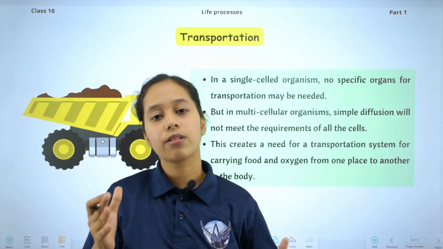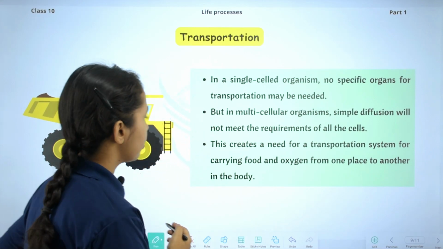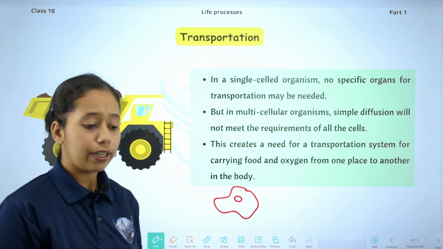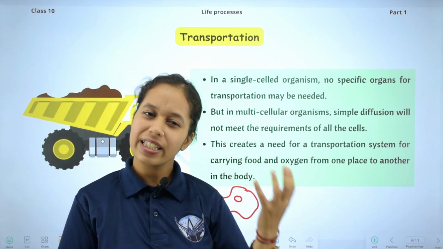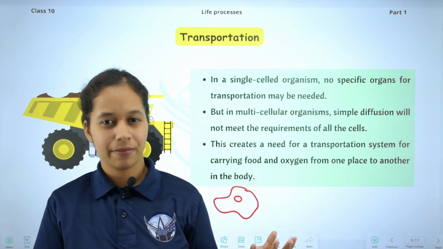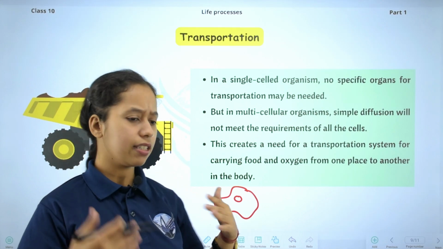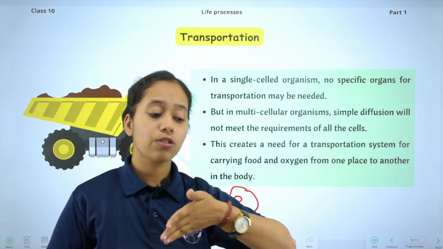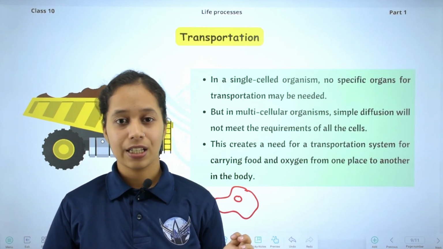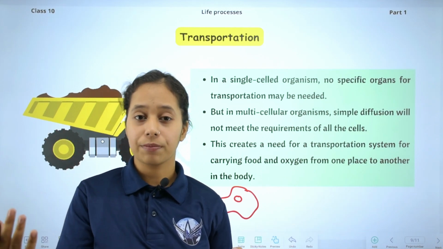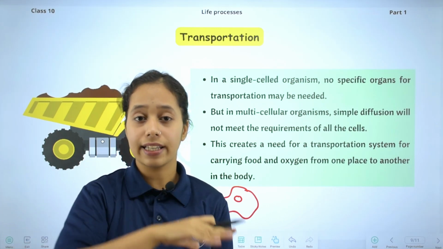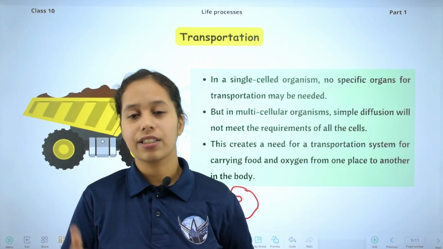Now, in a unicellular organism, for example an amoeba, a unicellular organism is very small and simple, not very complex. It is in direct contact with the outside surroundings. So the energy could be easily transferred from one place to another within the cell using simple processes like diffusion.